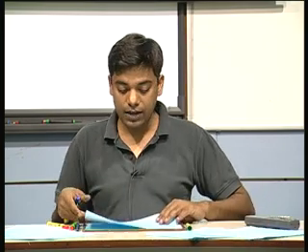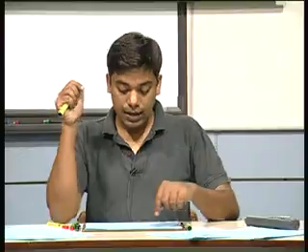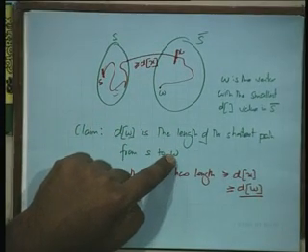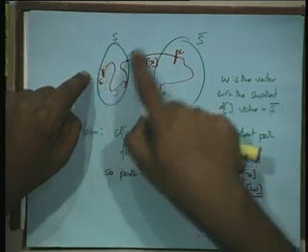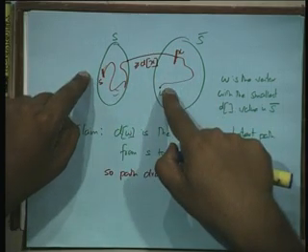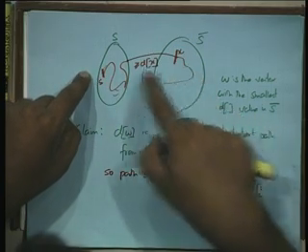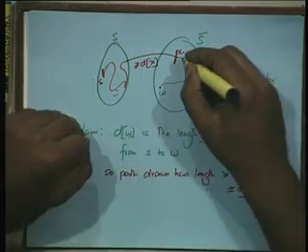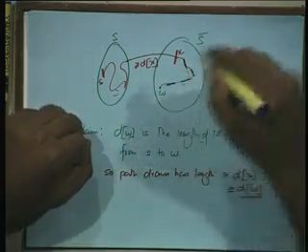But this part of the argument, when we said that D of W is the length of the shortest path from S to W, is not correct anymore, right? Because I could have a path which goes like this, but this is shorter than D of W because there are plenty of negative edges on this part.